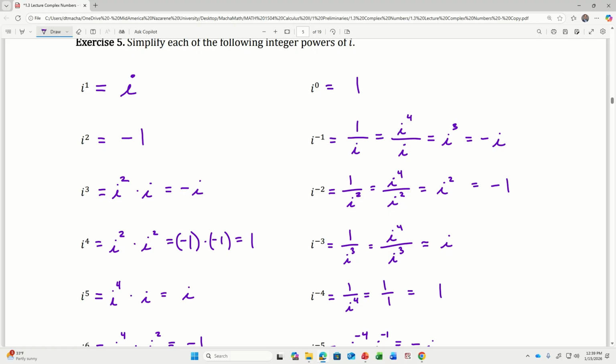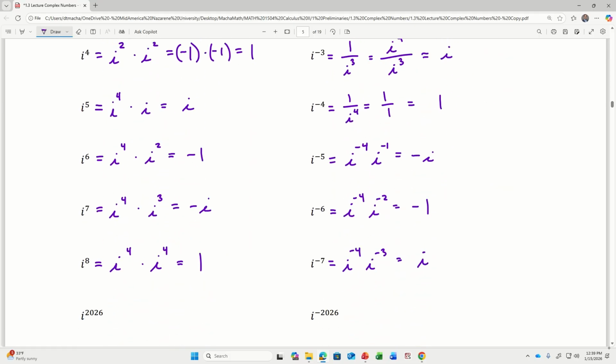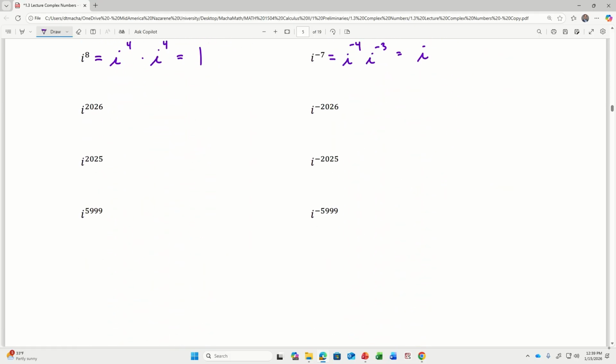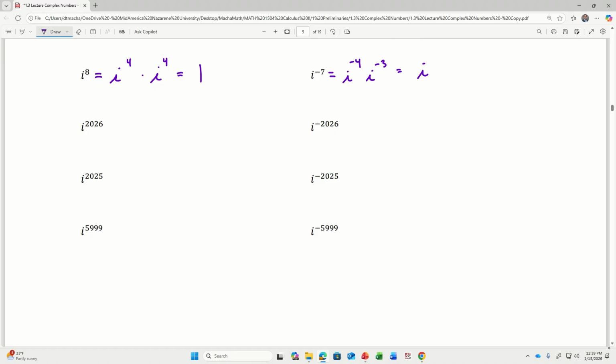If you're going in the negative direction with the negative integers, it's also a pattern, and it just goes in the reverse order, where you go 1, -i, -1, i, 1, -i, -1, i, over and over again. So it repeats on a 4 cycle. Every 4 integers, the cycle starts over.